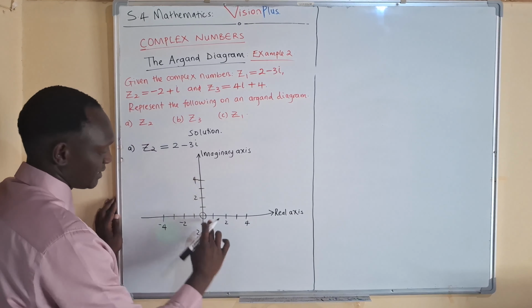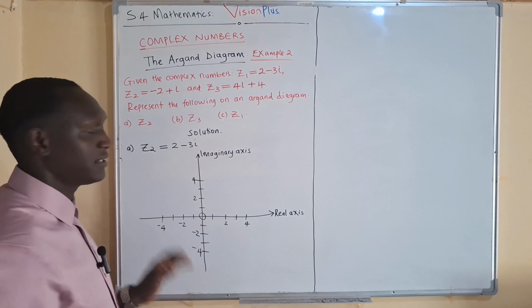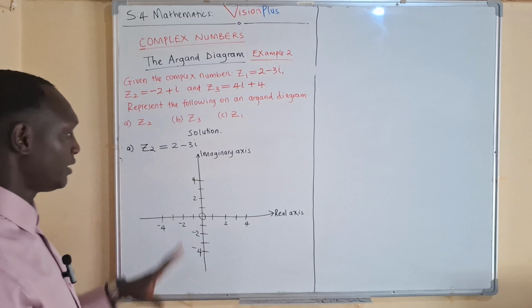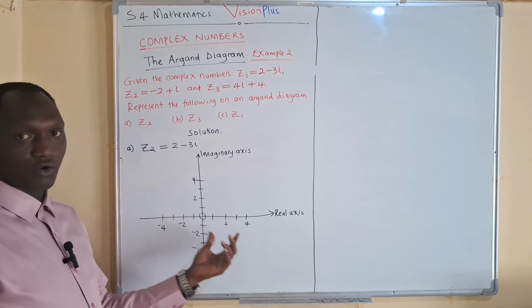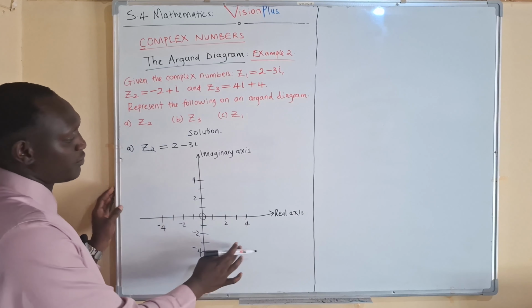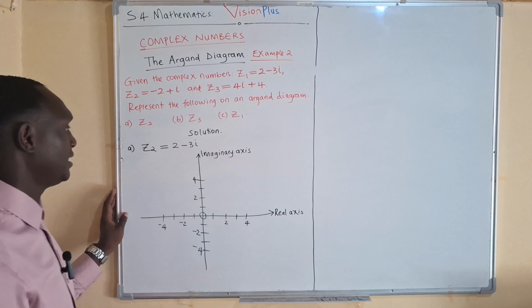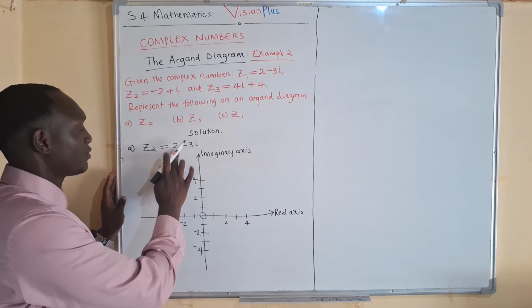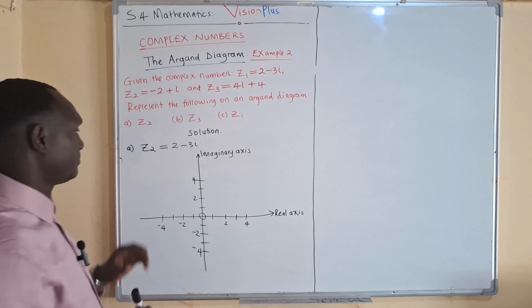This is down here, the negative imaginary axis values. Now you have drawn your complex plane, where you have the real axis and the imaginary axis. Now we need to represent this complex number so that it becomes the Argand diagram.